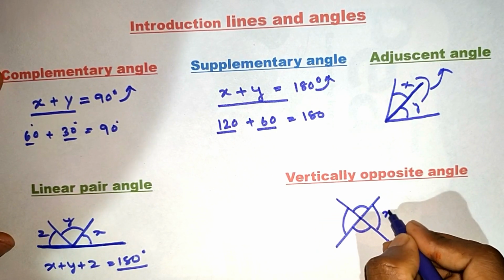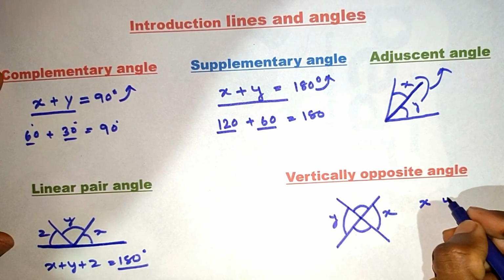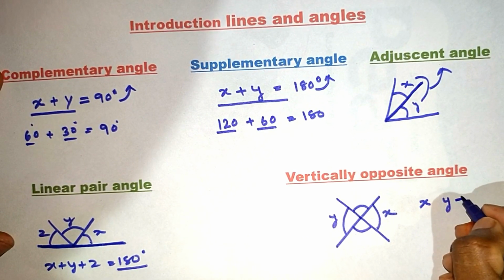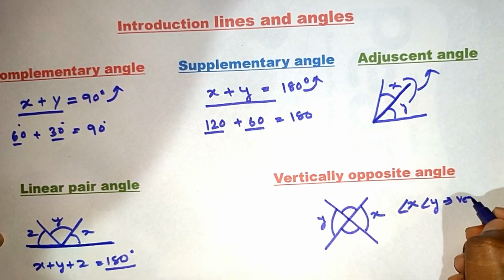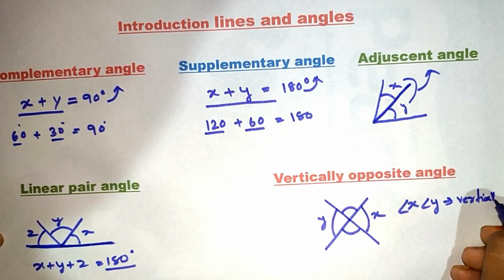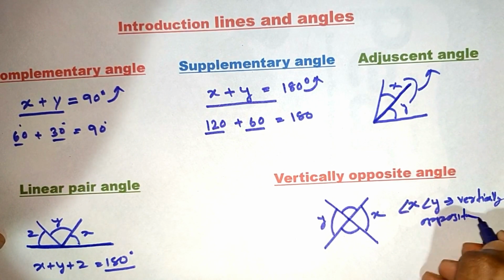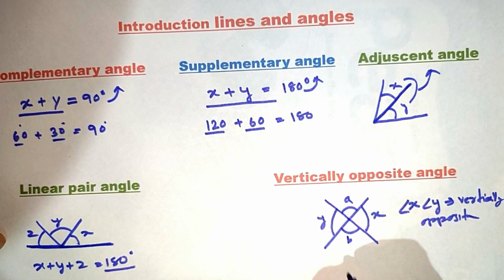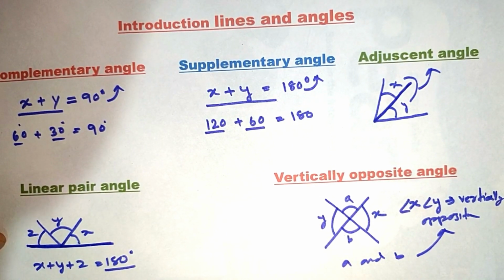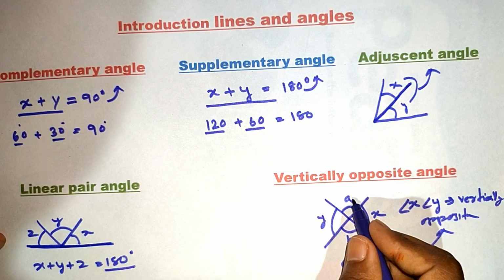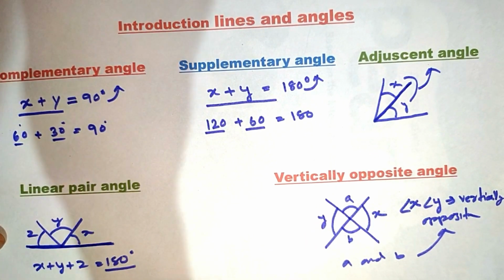So angle x and angle y are vertically opposite, and a and b are also vertically opposite. So a is the vertically opposite angle of b and x is the vertically opposite angle of y.